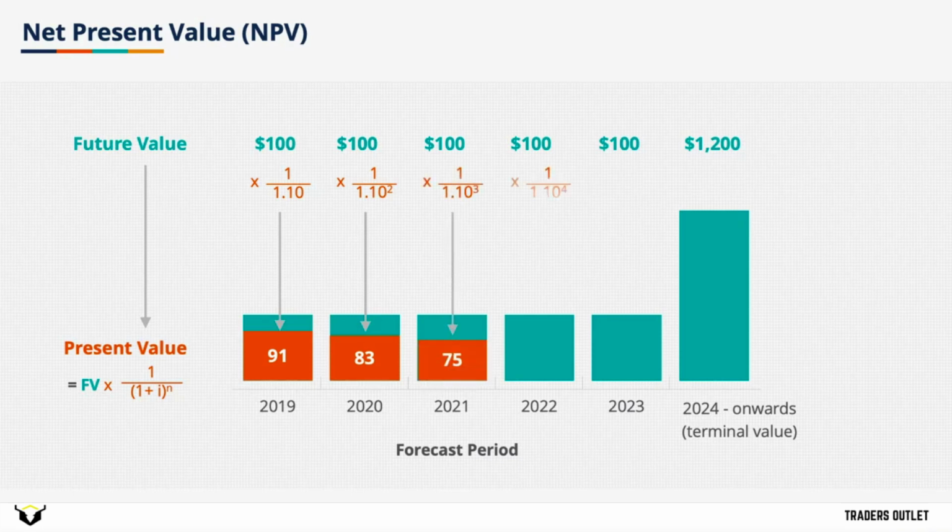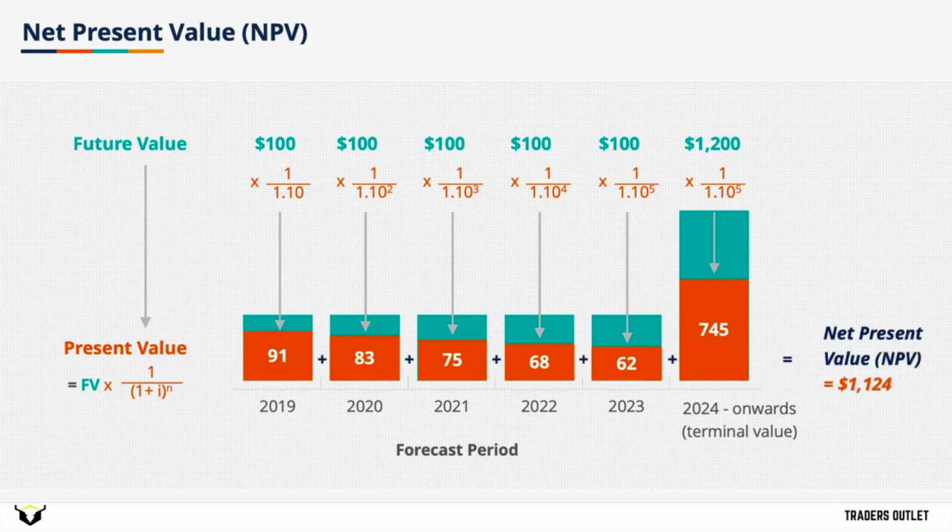And $75 today, $68 today, and then $62 today for the fifth cash flow of $100 5 years from now. Finally, the terminal value of $1,200 would be worth $745 today. So we add all of these up and get the net present value of $1,124.